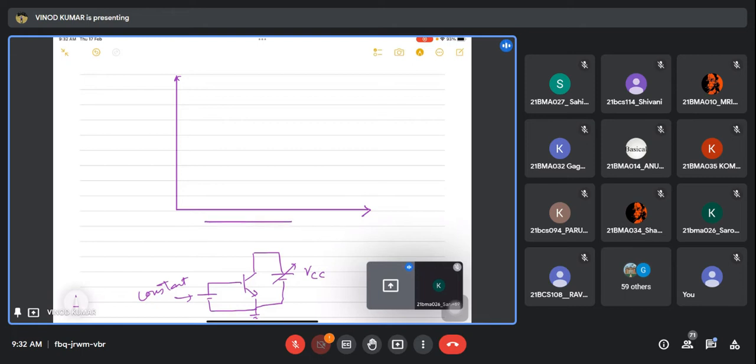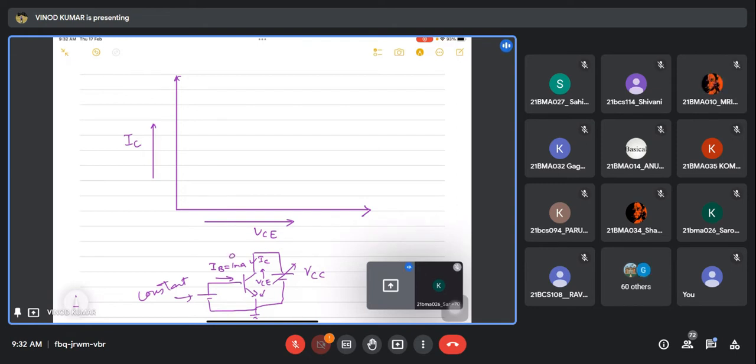So when we vary VCC, definitely this VCE is going to vary, and because of that, this IC is also going to vary, and this IB is going to be fixed here. We can fix it at 1 milliampere, 2, 3, like this, starting from 0.